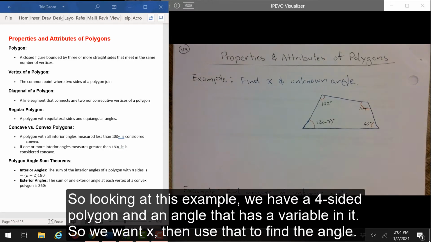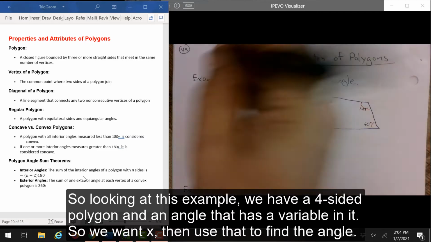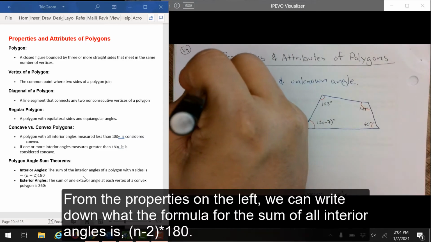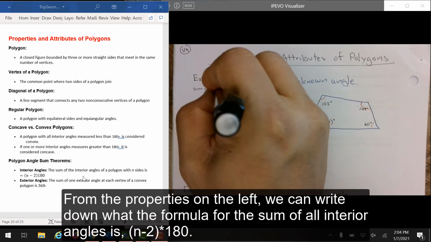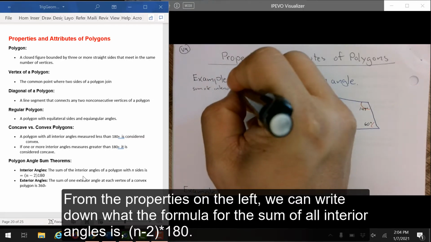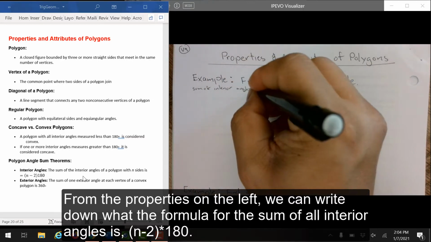So looking at this example, we have a four-sided polygon and an angle that has a variable in it. So we want x. Then use that to find the angle. From the properties on the left, we can write down what the formula for the sum of all interior angles is.